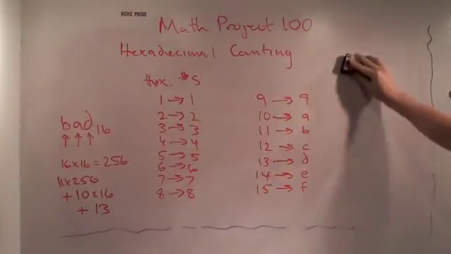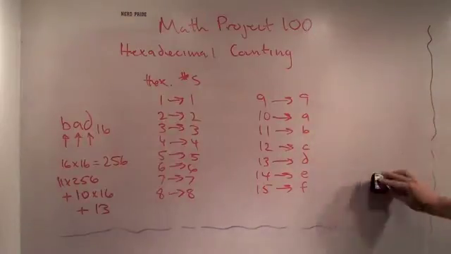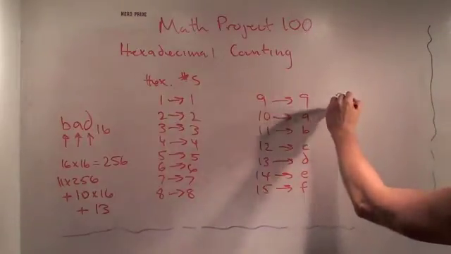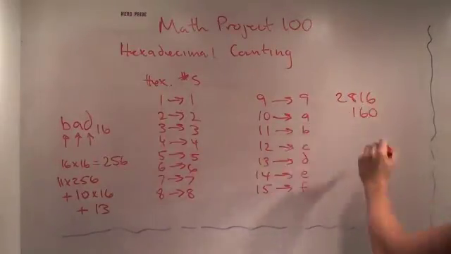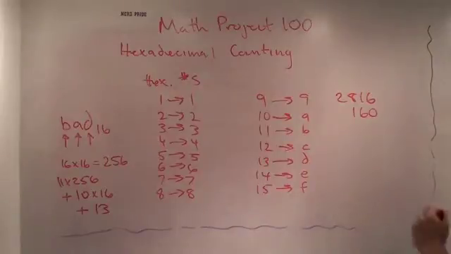Now what do we have to add on to 2,816? Then 10 times 16, which is 160. And then what else do we have to add on? 13.